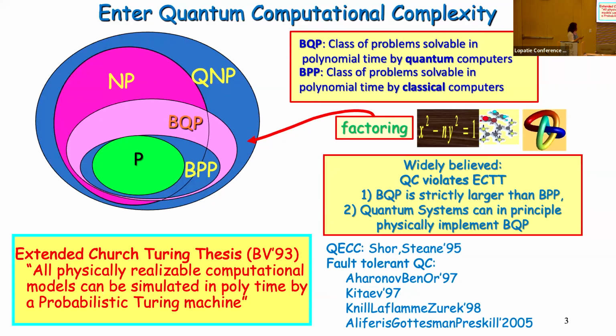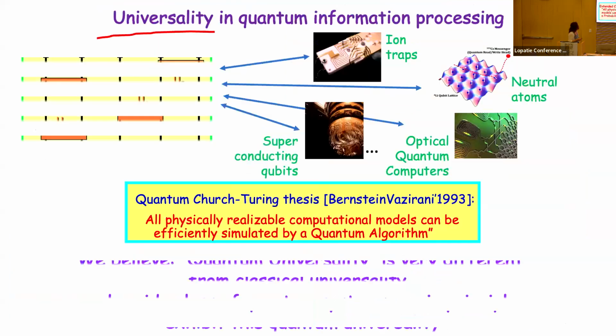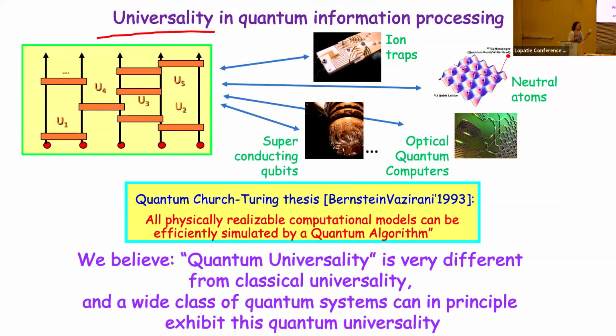Okay, great. So for that reason, we believe that quantum computation violates the extended Church-Turing thesis. This is an extremely important belief underlying the field of quantum computation. This is why we're trying to build quantum computers, because we think that there would be exponential overheads in simulating their computations classically.